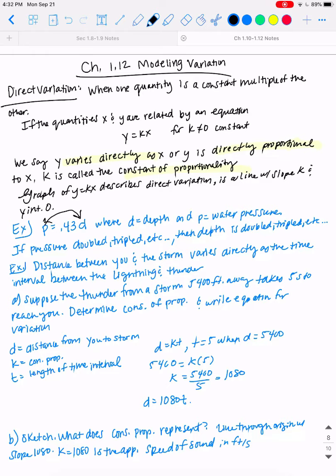But these p and d are both on top. So that means if pressure's doubled, tripled, etc., then the depth is doubled, tripled, etc. And that makes sense because when you go deeper in the water, the pressure also increases at the same rate. And the rate here is 0.43, so 0.43 is our constant of proportionality.